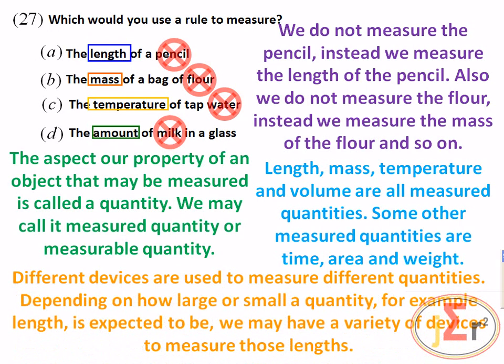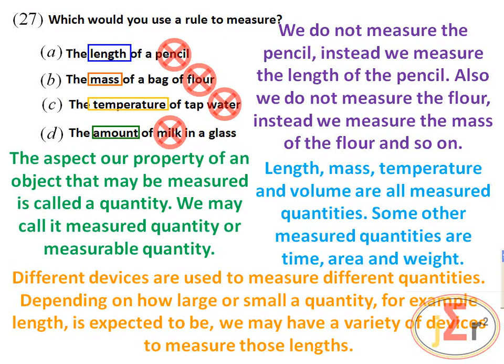Different devices are used to measure different quantities. Depending on how large or small a quantity, for example, length is expected to be, we may have a variety of devices to measure those lengths. So a ruler is not the only device that can be used to measure length. And when you go to high school and when you are in university, you'll use things like these to measure length.